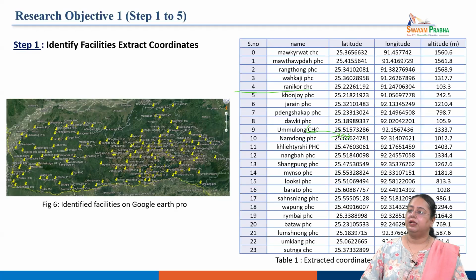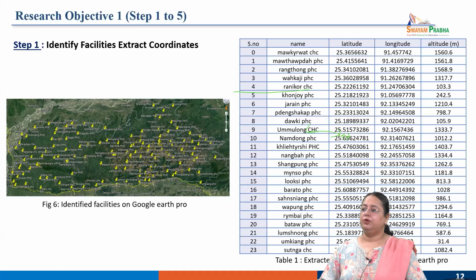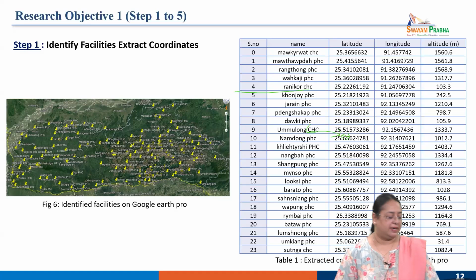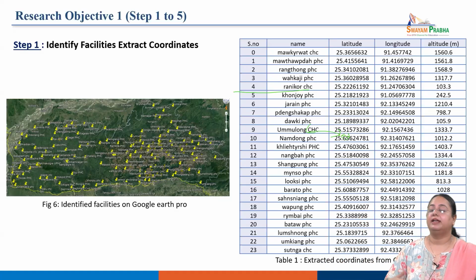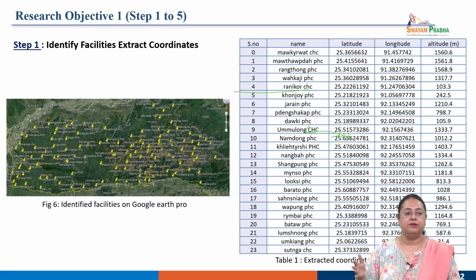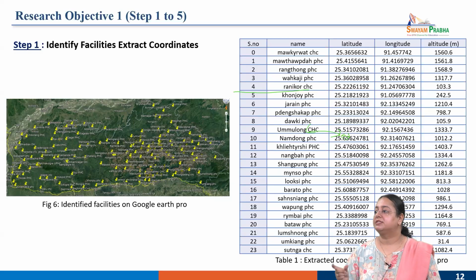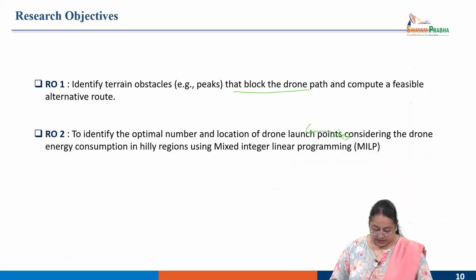Because if we deploy trucks to deliver vaccines or other medical products, it will take a lot of time. In this kind of terrain, it takes double the time to cover the same distance as in the plain area.